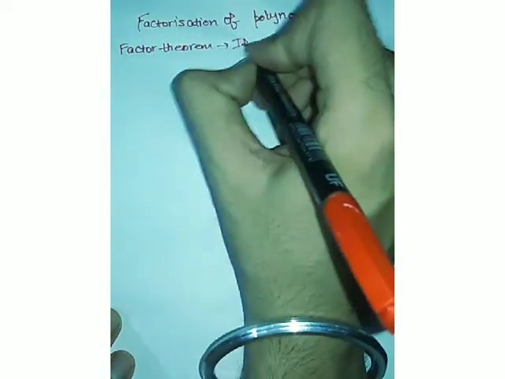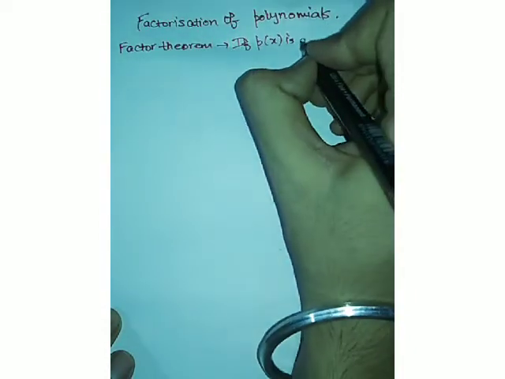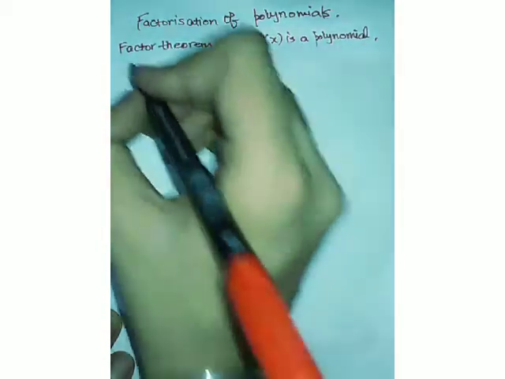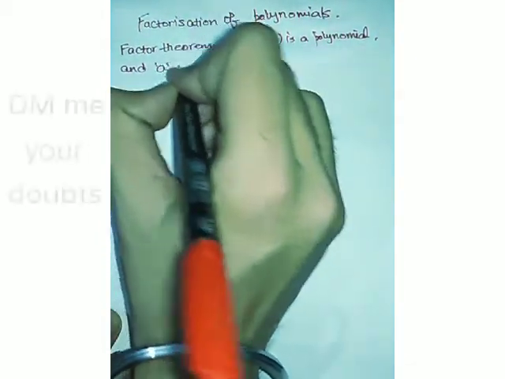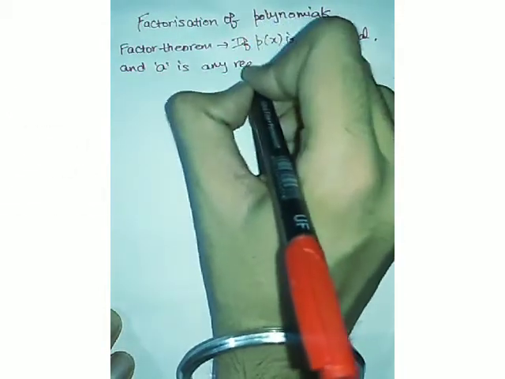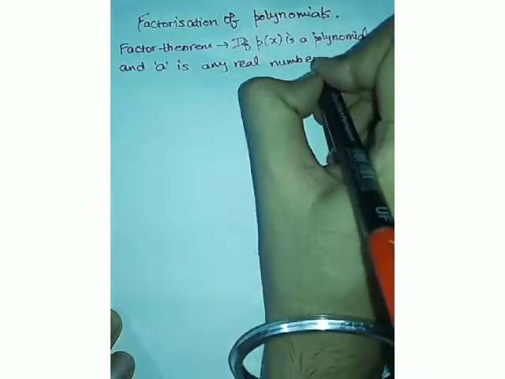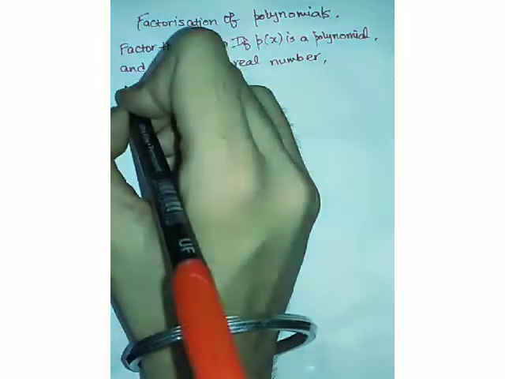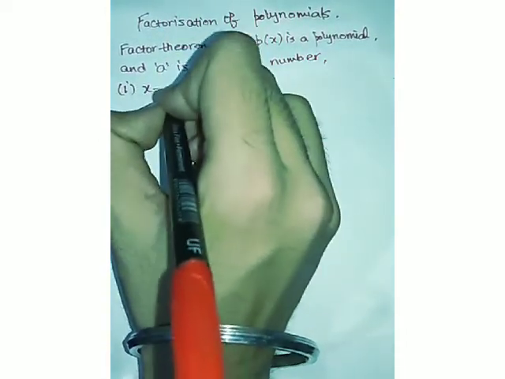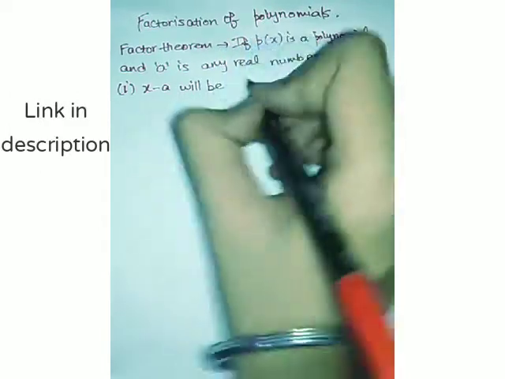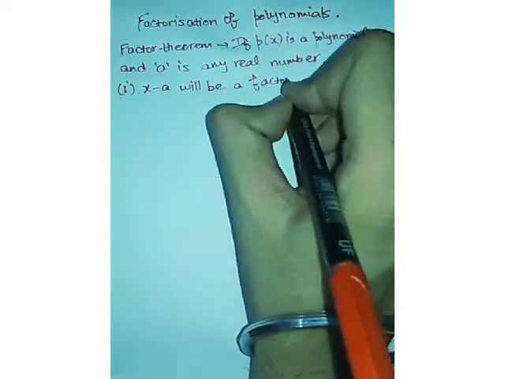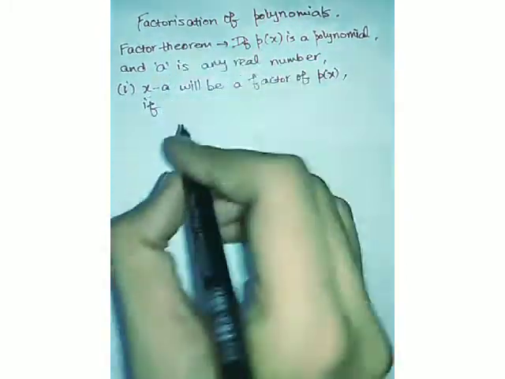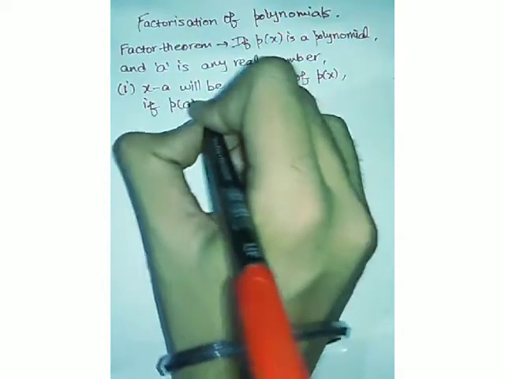It states that if P(x) is a polynomial in x, of course, and a is any real number, then x minus a will be a factor of P(x) if and only if P(a) is 0.